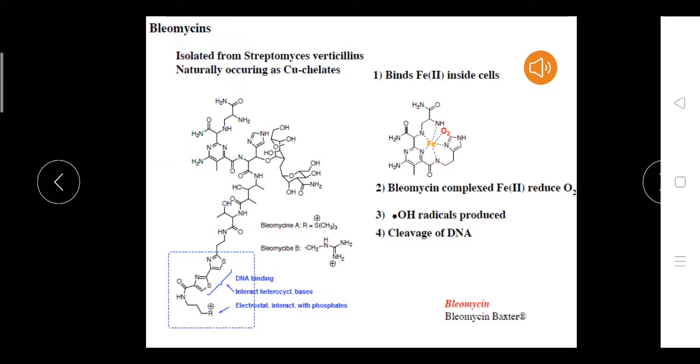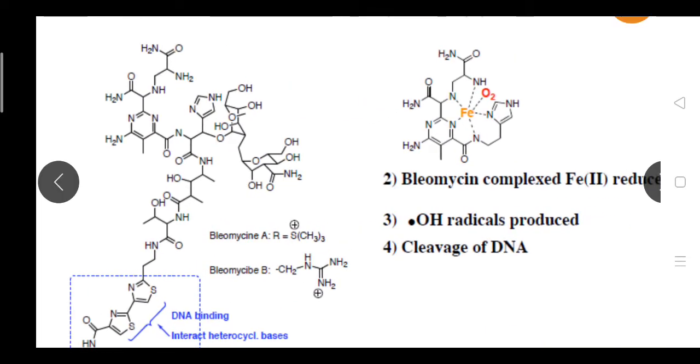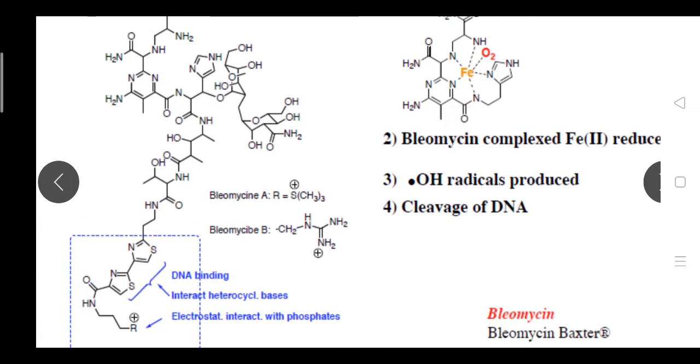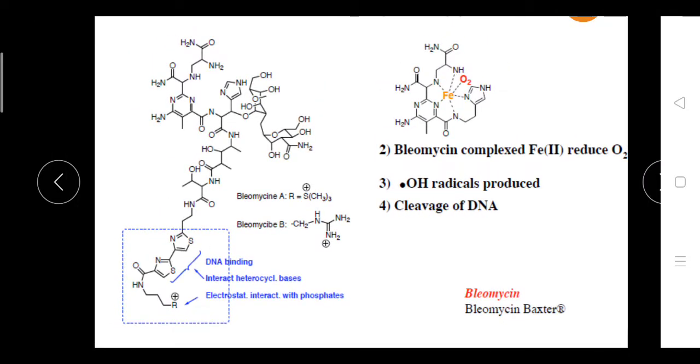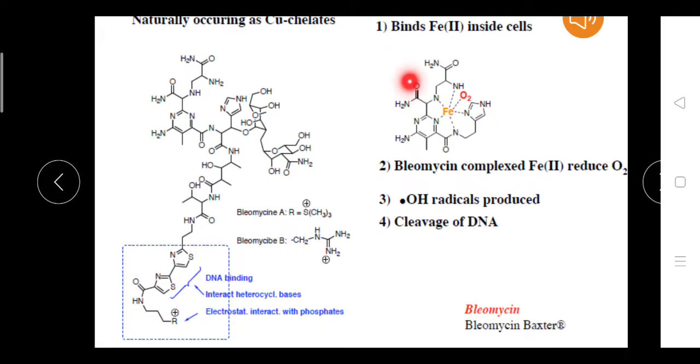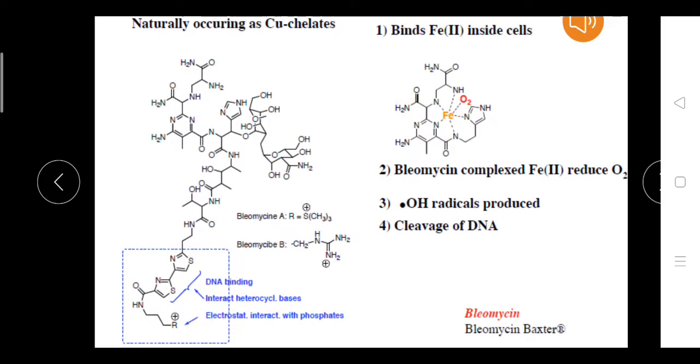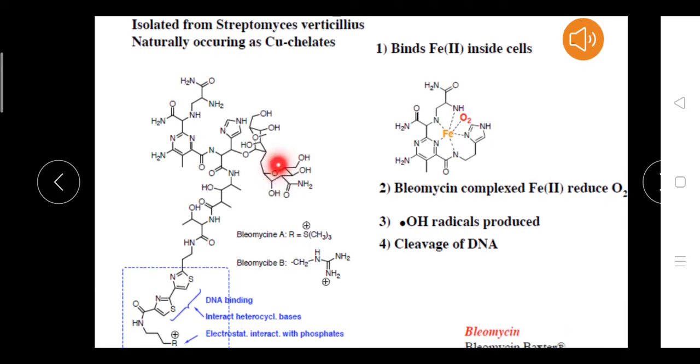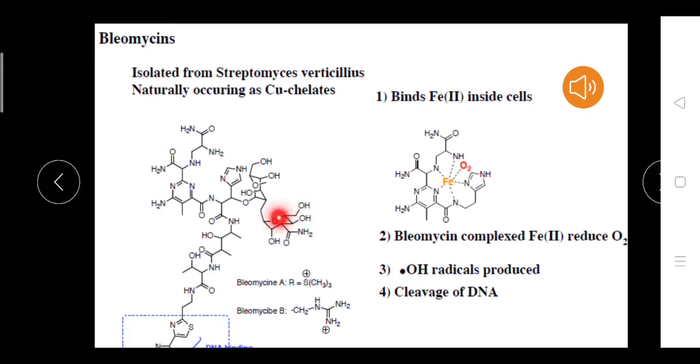So this is the structure of bleomycin. In the above structure of bleomycin, a pyrimidine moiety is joined to propionamide and a beta amino alanine amine side chain. The structure consists of sugars, L-glucose and 3-carbamyl D-mannose.